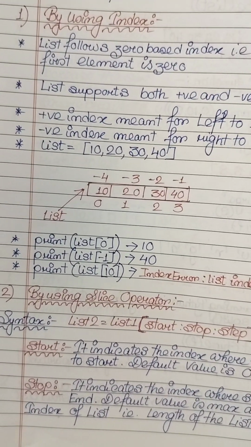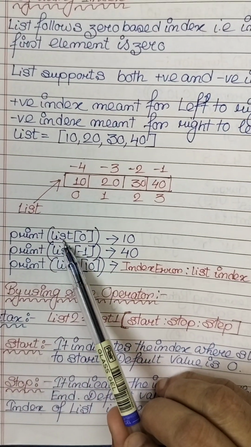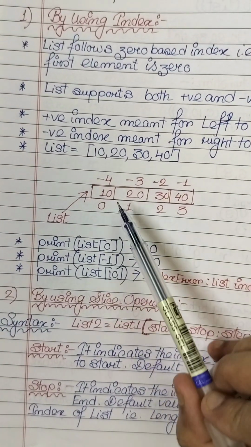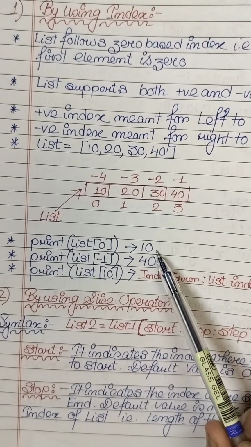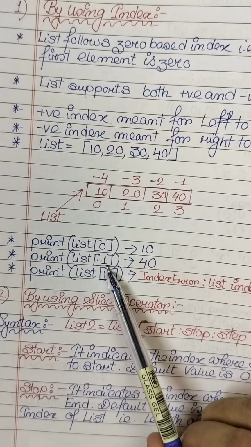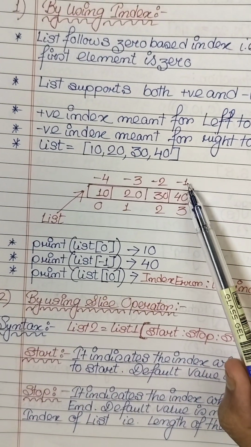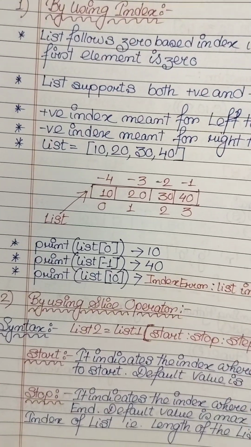If we want to print any of the elements, suppose print(list[0]). That means position 0, which is 10, so the output will be 10. Print(list[-1]) is the negative index from the last, so in the -1 position the element is 40 and the answer is 40.